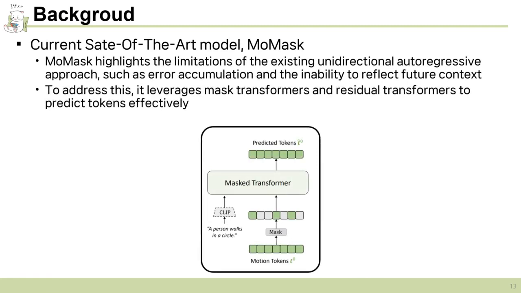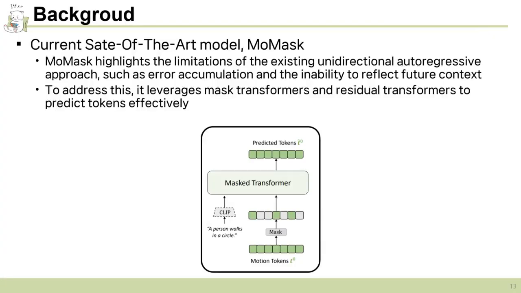While traditional models like VQ-VAE-based models rely on unidirectional generation, predicting one token at a time based on past inputs, this often limits their ability to consider the broader context of the motion. The current SOTA model, MoMask, introduced a bidirectional generation mechanism.